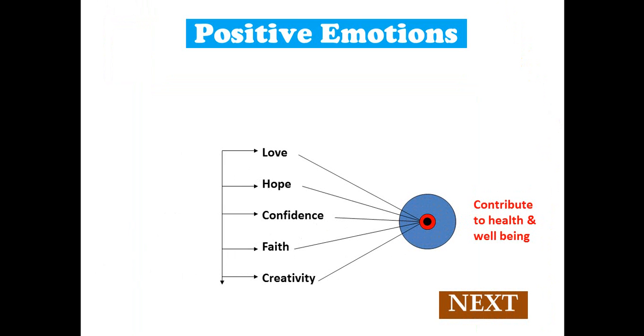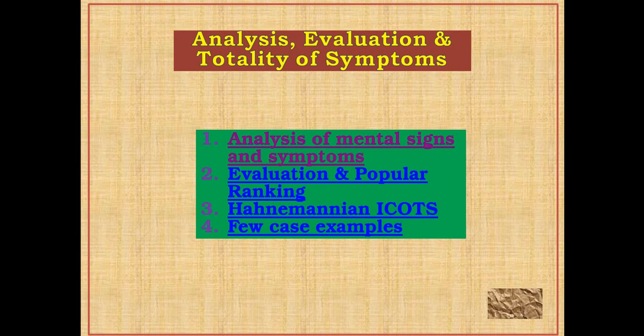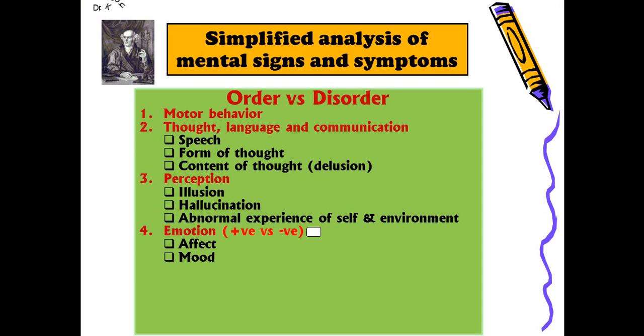They are to be encouraged, and they all contribute to health and well-being. Under negative emotions, fear, hate, anger, greed and jealousy are all injurious to health. So it's the job of a physician to focus and explain that. So here we have seen emotions.